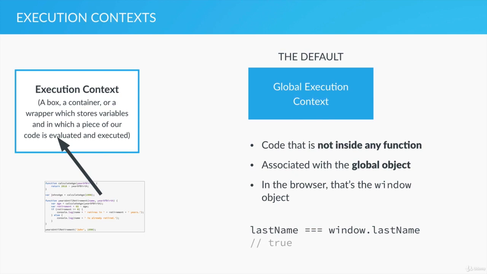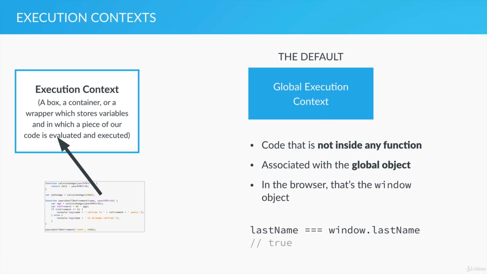Now, you can also think of an execution context as an object. Remember objects from the introductory lectures? So the global execution context is associated with the global object, which in case of the browser is the window object. So everything that we declare in the global context automatically gets attached to the window object in the browser.